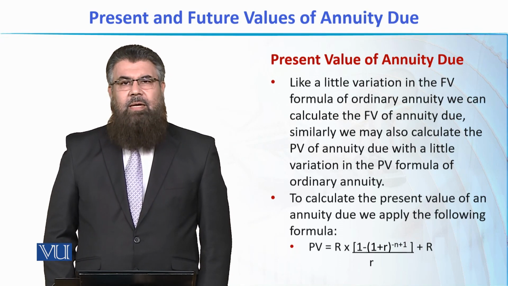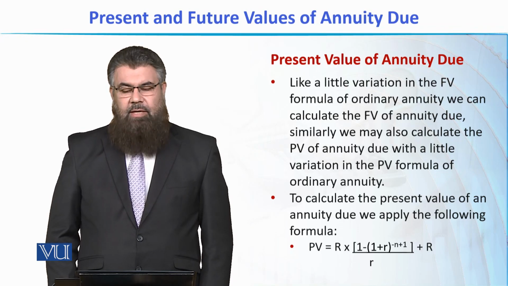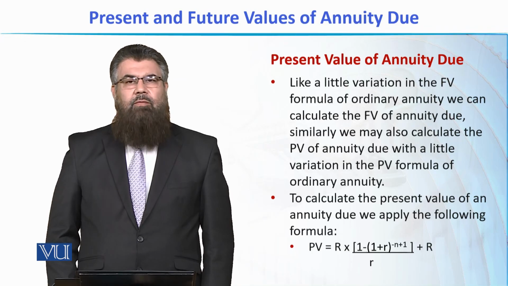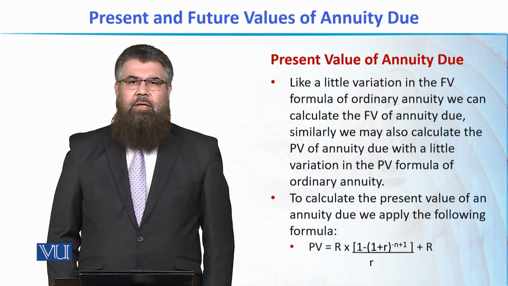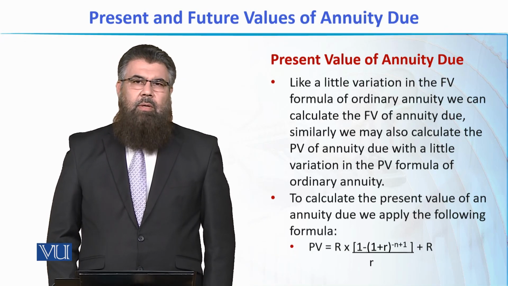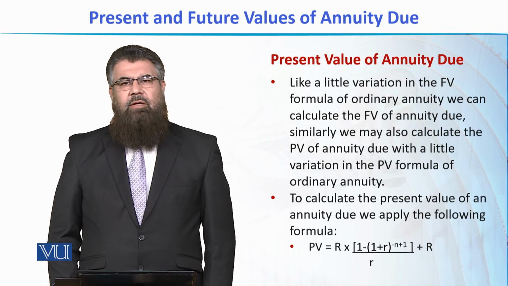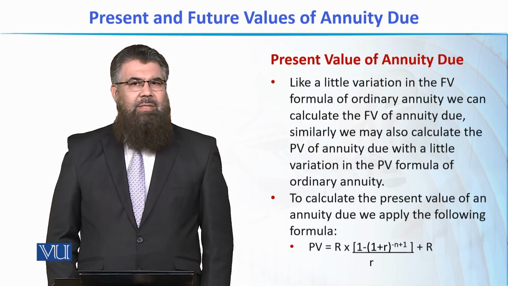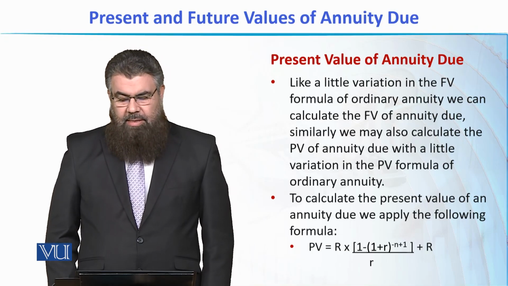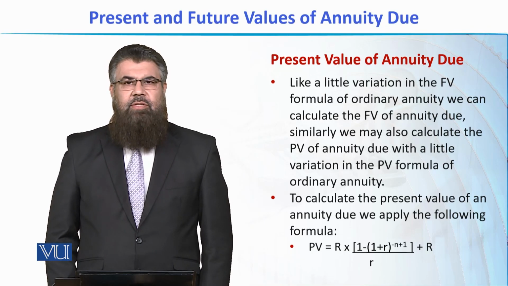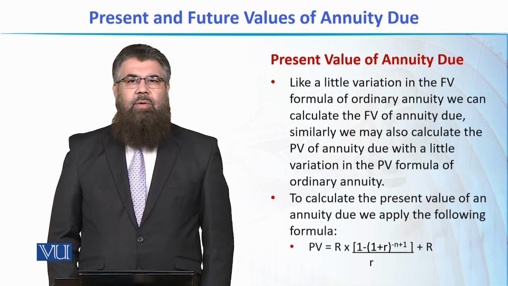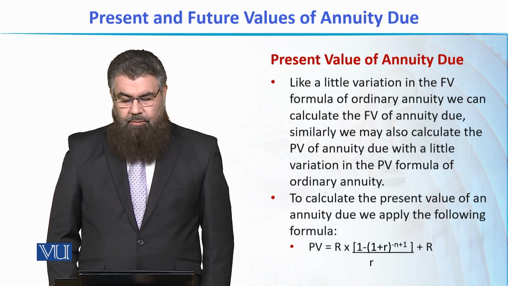As we have just discussed, like the future value, we can also transform the present value formula of ordinary annuity for annuity due. As I've just mentioned, the difference between the two annuities is the time at which the payments are made. Now, let's see what are the variations that we need to make and what is the formula for the present value of annuity due.